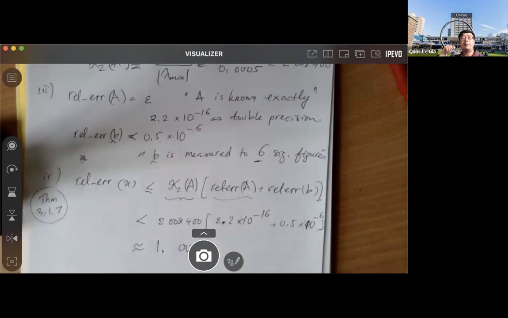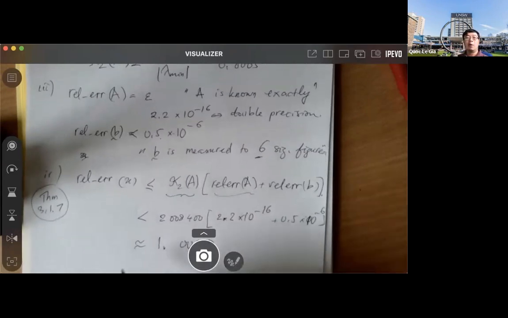So the relative error is 1 point something. Is it small or big? It's big, because relative error is measured like a percent, so this is like 100%, more than 100%.